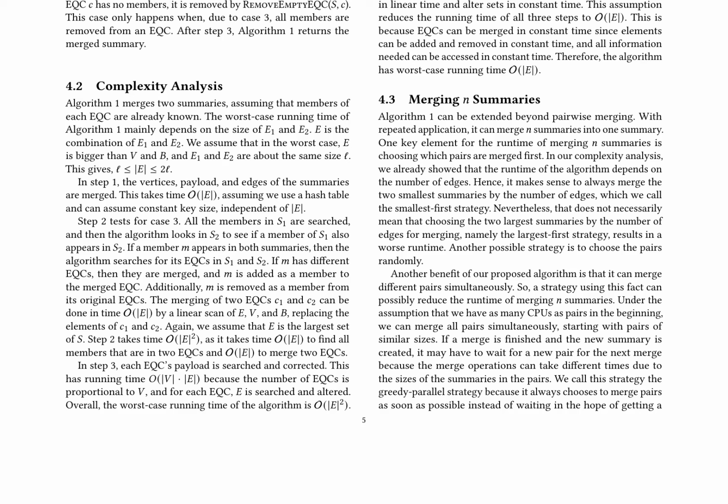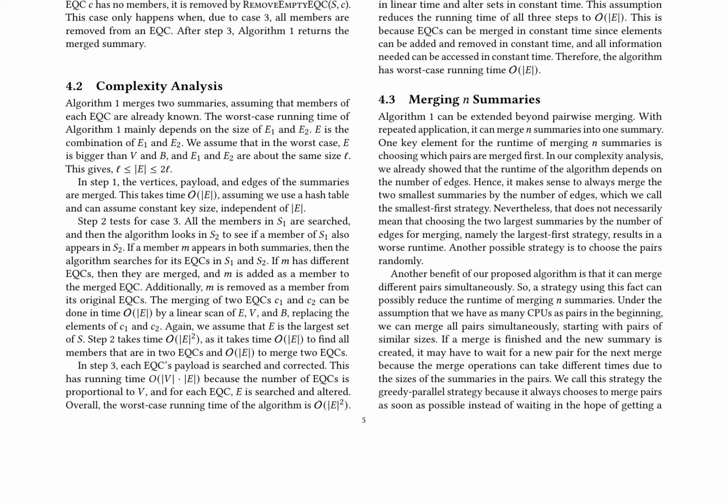The proposed smallest first strategy, which merges the two smallest summaries by the number of edges, is one possible approach. Alternative strategies, such as the largest first strategy or random pair selection, can also be employed. A key benefit of the algorithm is its ability to merge different pairs simultaneously, allowing for parallel processing.